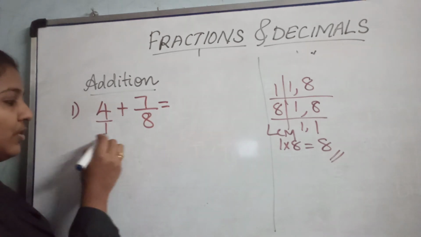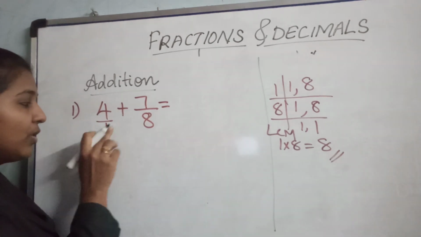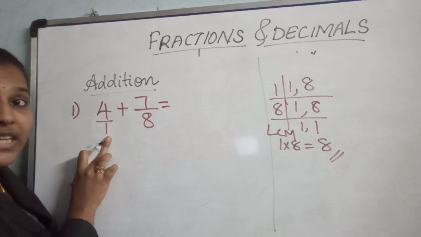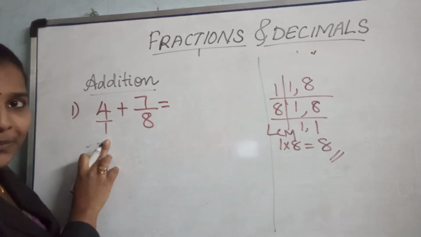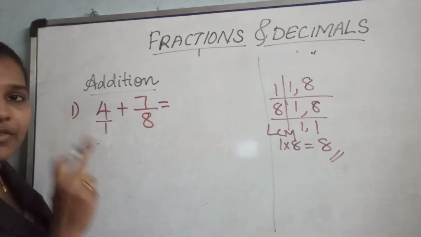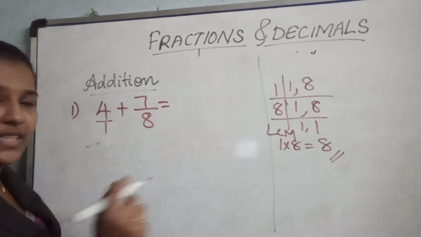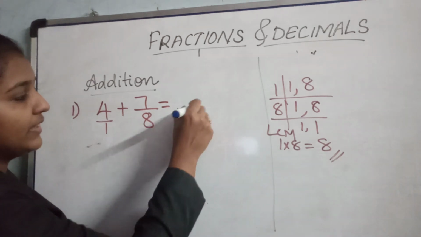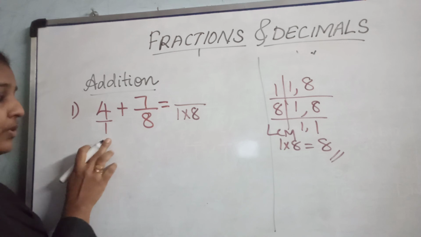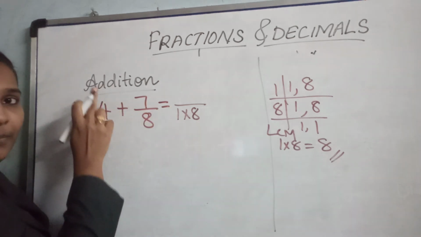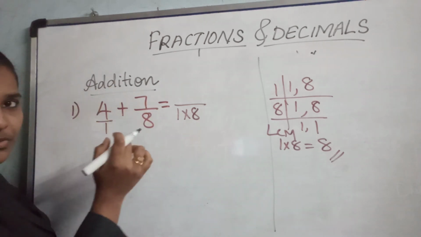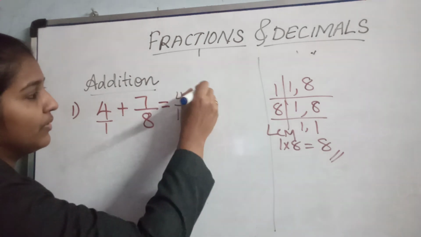Okay. So tell me children, which number we have to multiply with 1 to get 8? Which number? Yes, we have to multiply 1 with 8 to get 8. So you multiply 1 with 8 and you multiply the same number on the numerator also. So 4 into 8.